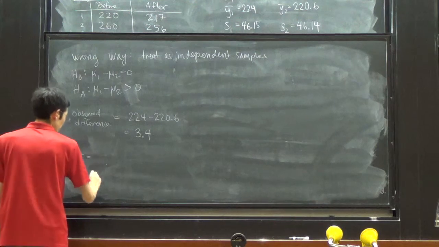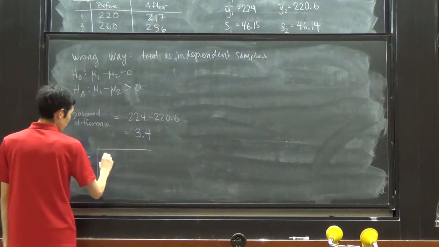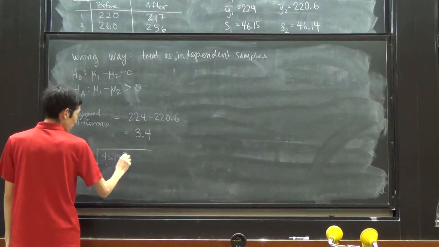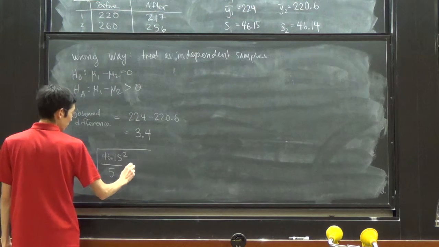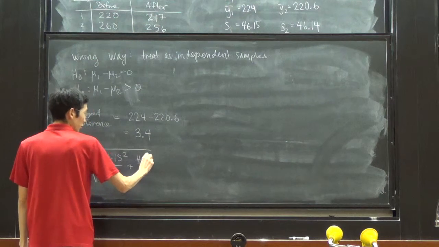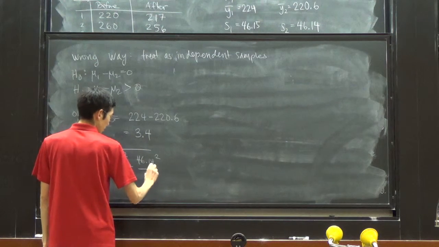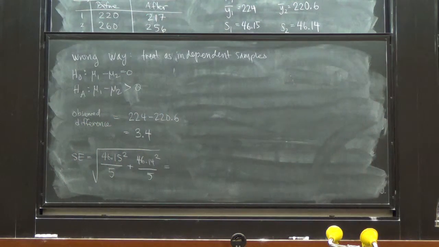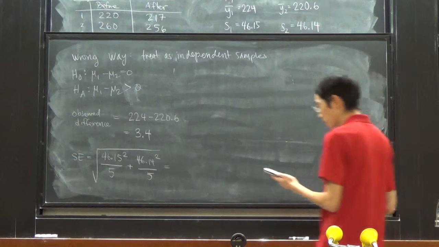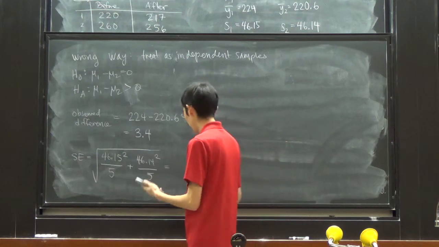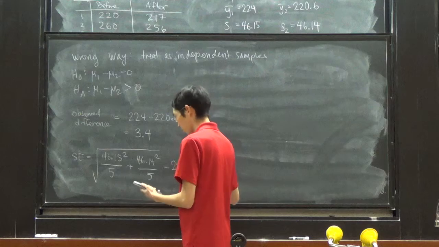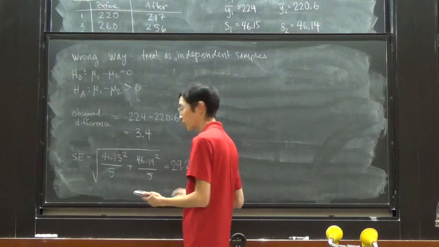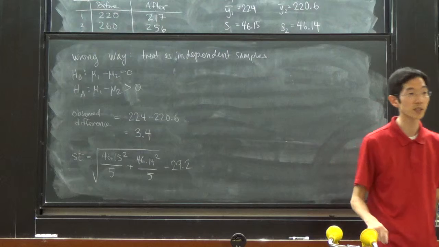The standard error would be the square root of 46.15 squared over n1, 5, plus 46.14 squared over n2, which is 5 over there, okay? And I get 29.2, just rounding up. So that's my standard error.